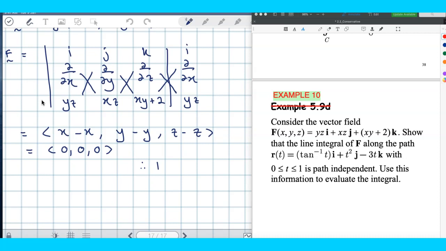Okay, so now we can show that the line integral, just copy the question here, the line integral of F along the curve C, the curve R(t), is path independent.